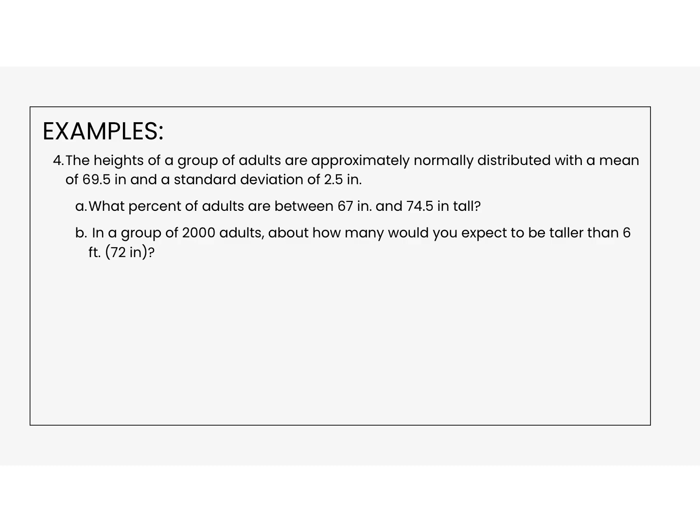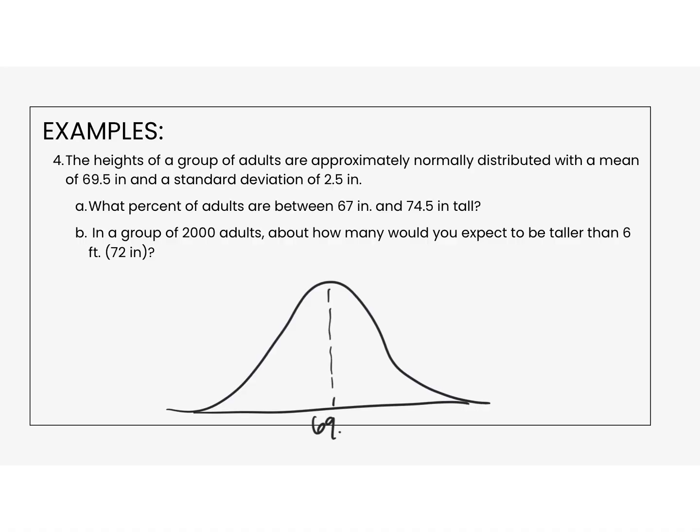Okay, let's do another one. The heights of a group of adults are approximately normally distributed with a mean of 69.5 and a standard deviation of 2.5 inches. What percent of adults are between 67 inches and 74.5 inches tall? In a group of 2,000 adults, how many would you expect to be taller than 6 feet, or 72 inches? Okay, so again, we're going to start by labeling our curve. So 69.5 is the mean. 1, 2, 3. 1, 2, 3.